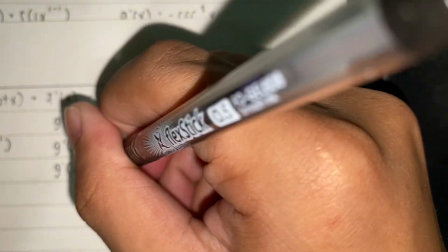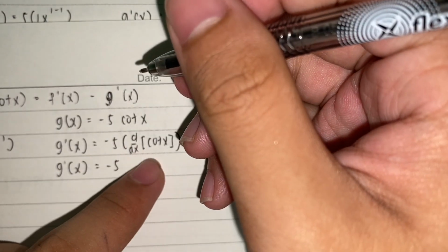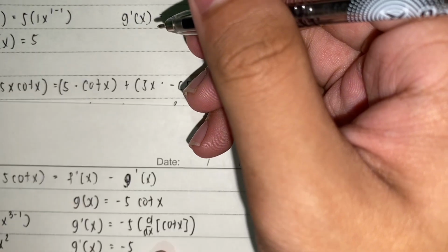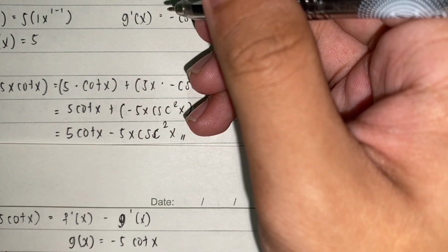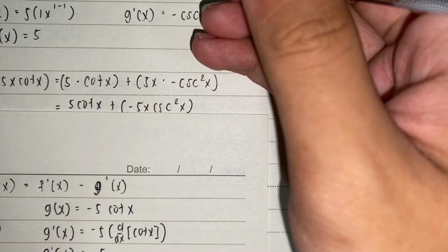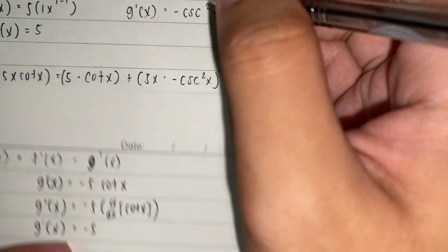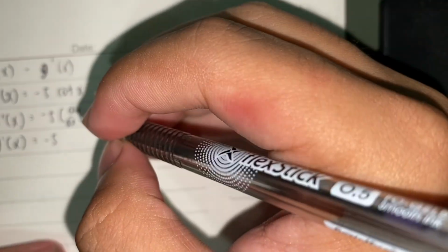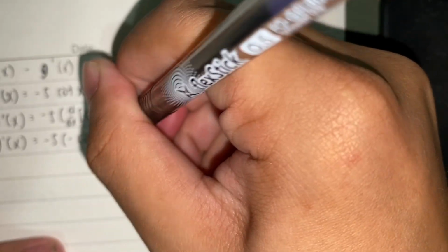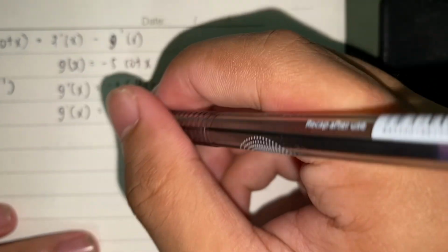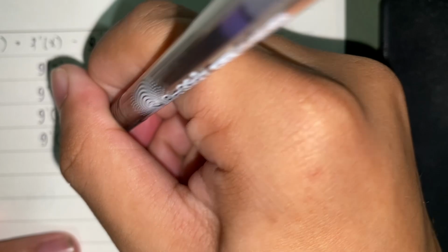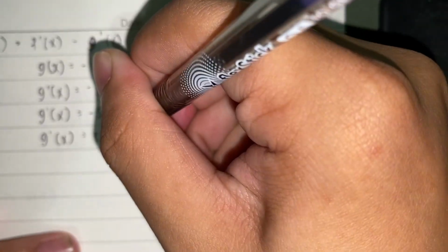The derivative of cotangent x is negative cosecant squared x. So perform the operation. G prime of x is equal to negative times negative, that is positive 5 cosecant squared x.